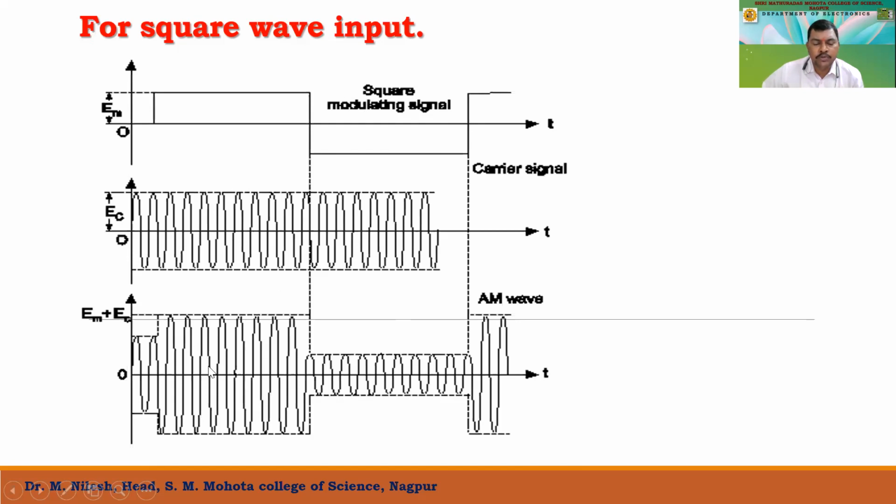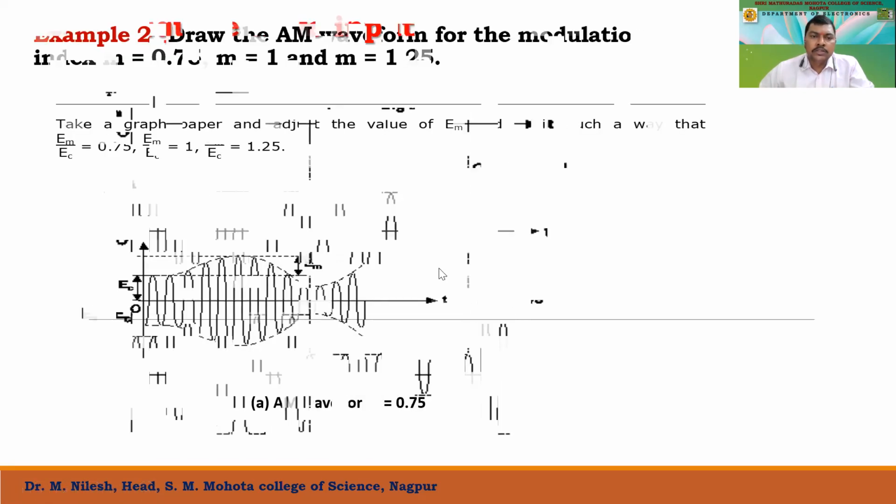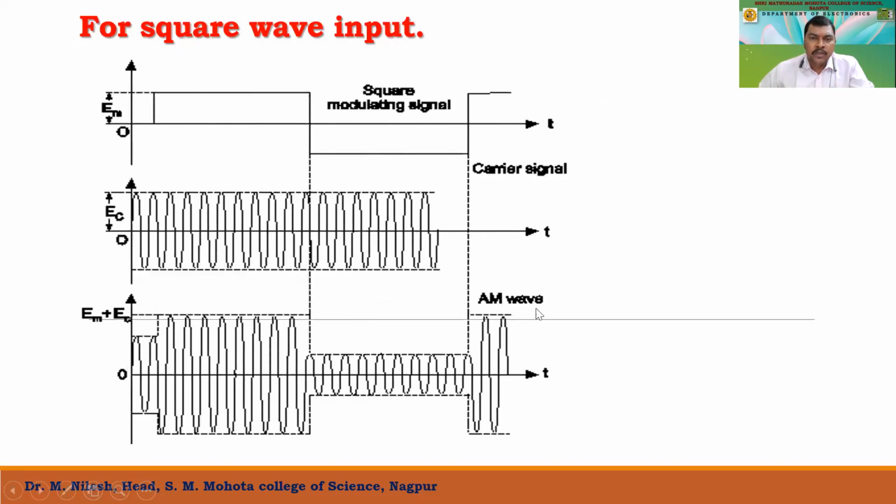So this will be the amplitude modulated wave for a square wave. Depending on the amplitude of the modulating signal, accordingly the envelope of the signal is varied.